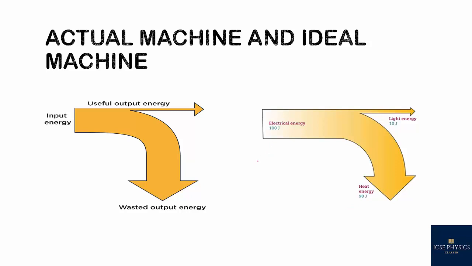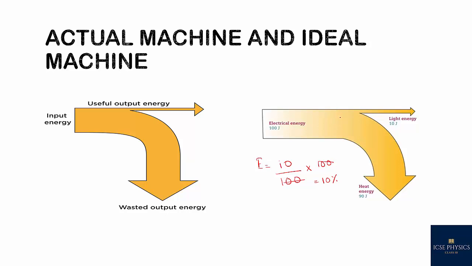Let's calculate the efficiency here. Efficiency is useful output, which is here 10 joule, right? Input is 100 joule, into 100%. How much will you get? It is 10%. So this machine is only 10% efficient.